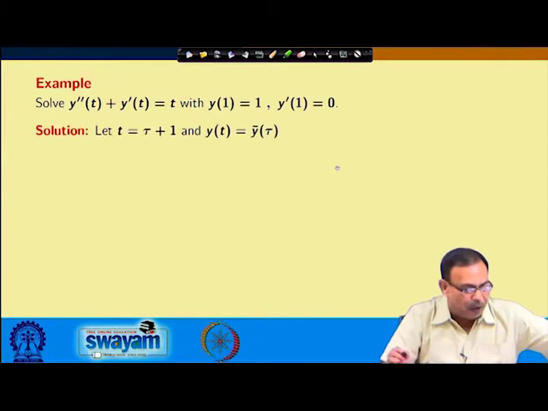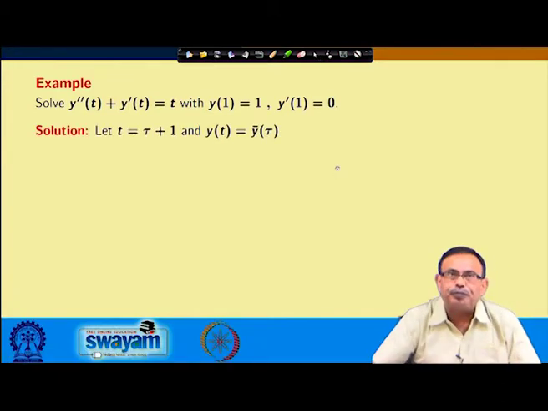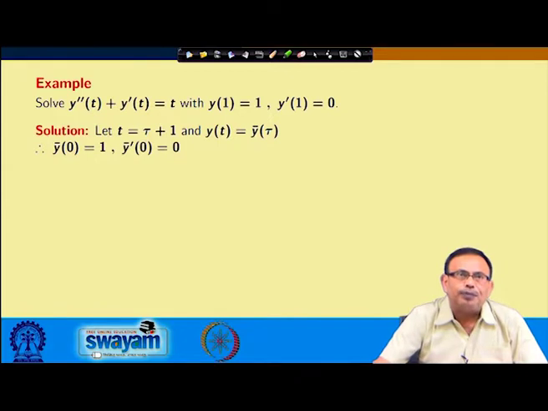Let us see this one quickly. By substituting t equals tau plus 1, I am changing the parameter, then I am getting the initial conditions in terms of y bar 0 equals 1, y bar dash 0 equals 0. So, your original problem is transformed into the other ODE: y bar double dash tau plus y bar dash tau equals tau plus 1.